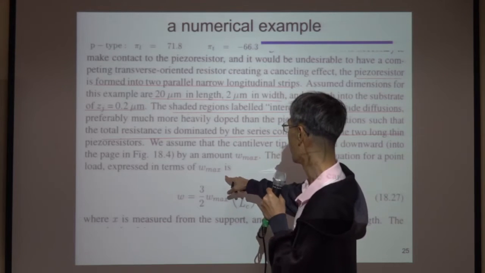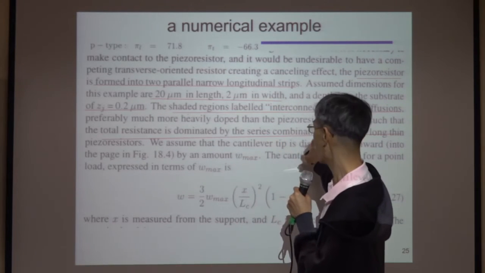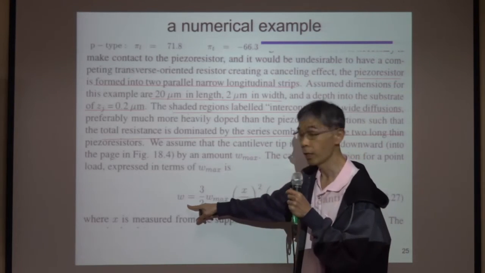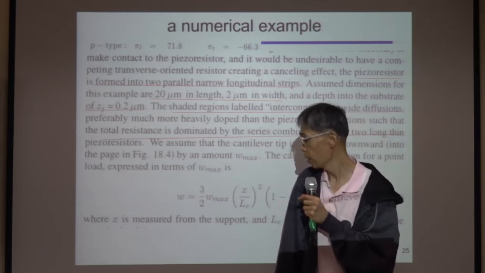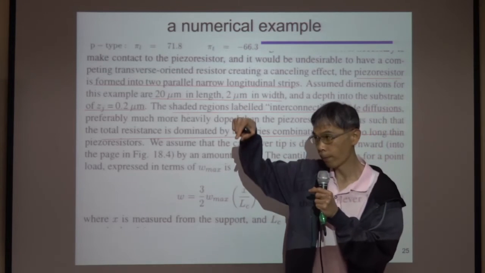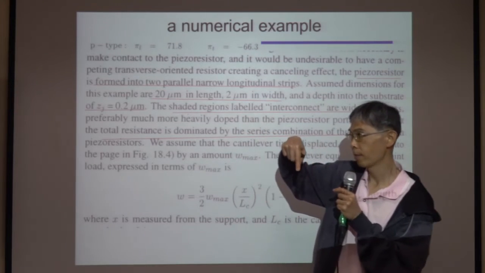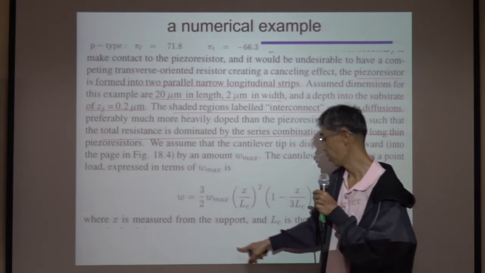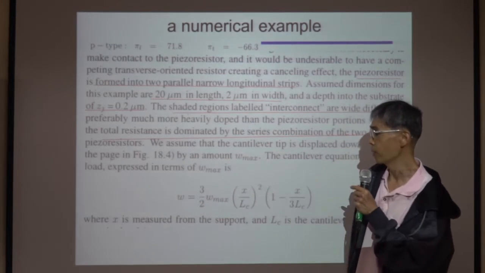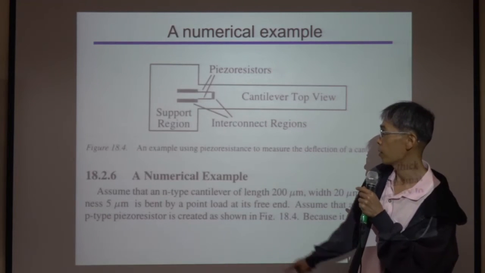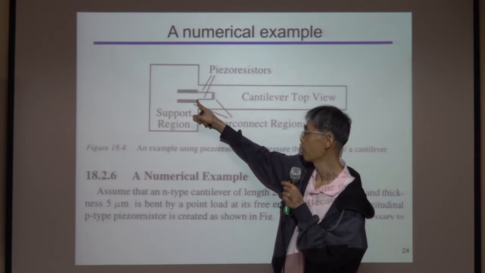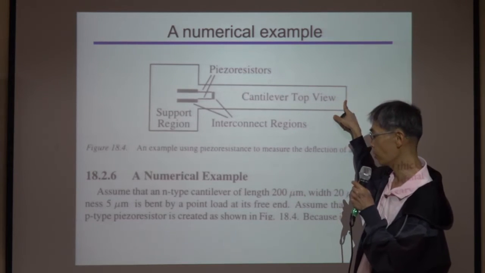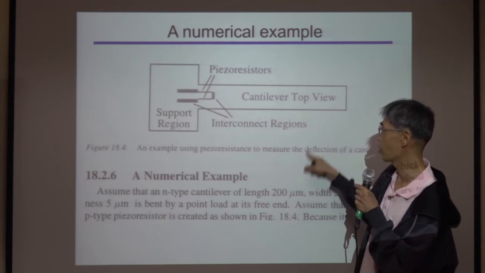Okay, then the two piezoresistors. Then we have a cantilever beam with one point load at the end. This is the deformation as a function of x, previous. So this is x equal to 0. This is x equal to the total length, 200 micro.